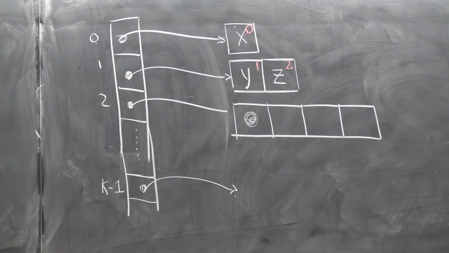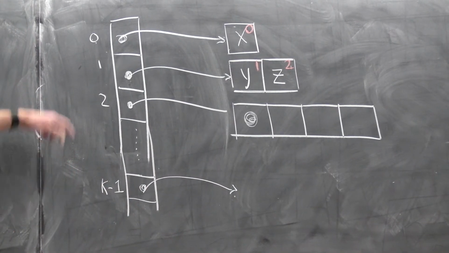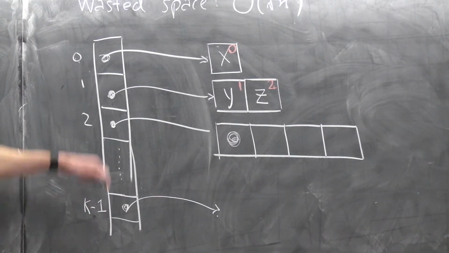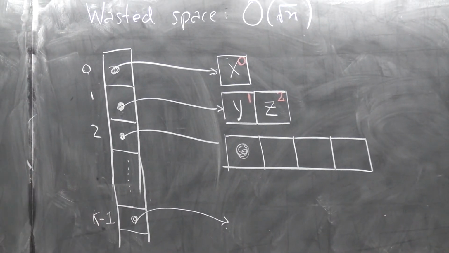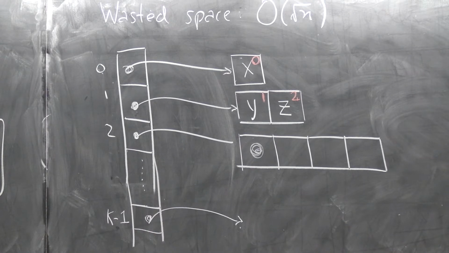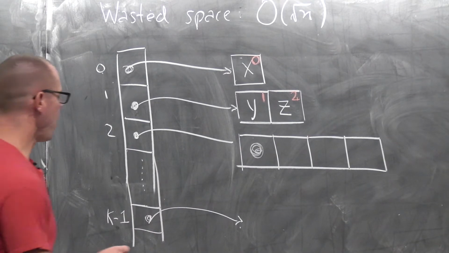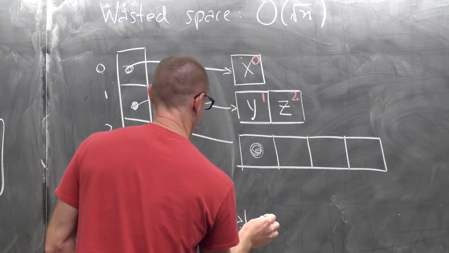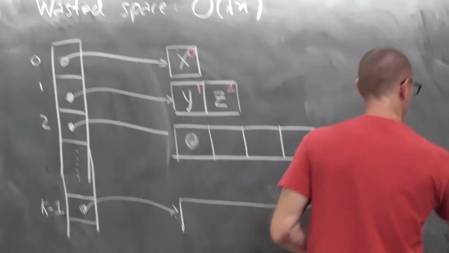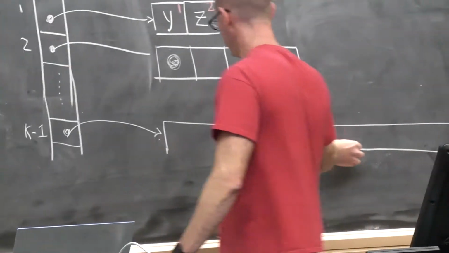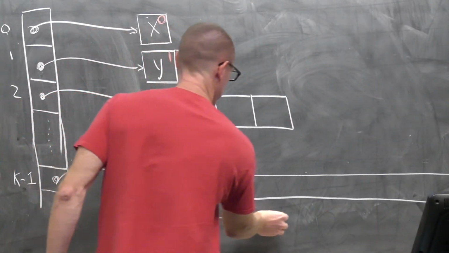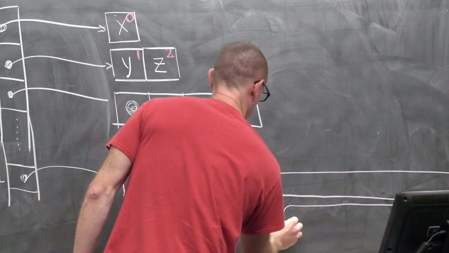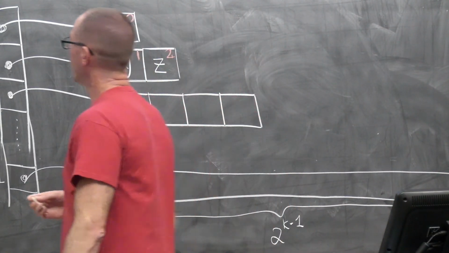We've been doing this for a while, and so we actually have k of these arrays here. Each time we've been doubling, and that means this last array has size 2 to the k minus 1, right?